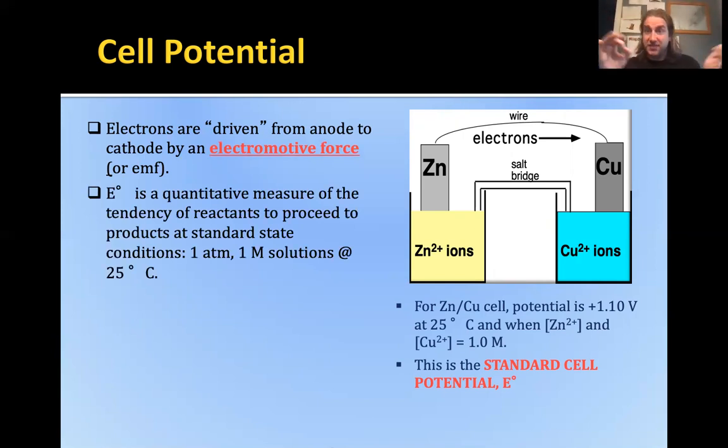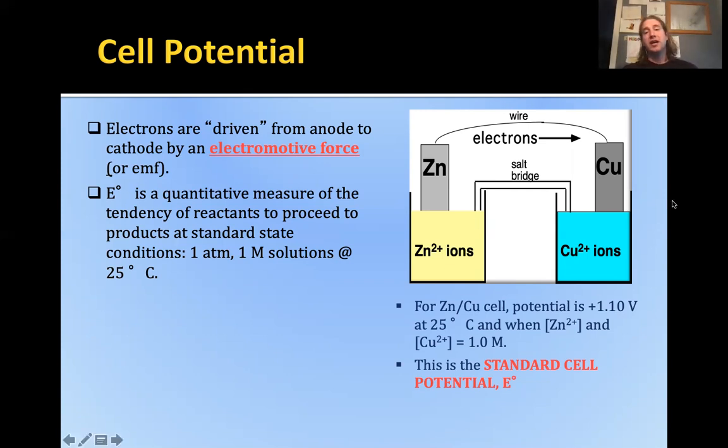E naught is standard conditions, right? So standard 1 atmosphere, 1 molar. So E naught cell is our quantitative measurement of the tendency of our reactants to proceed to products at their standard state conditions. That would be 1 atmosphere of pressure if it was a gas, 1 molar solutions, and everything's at 25 degrees.